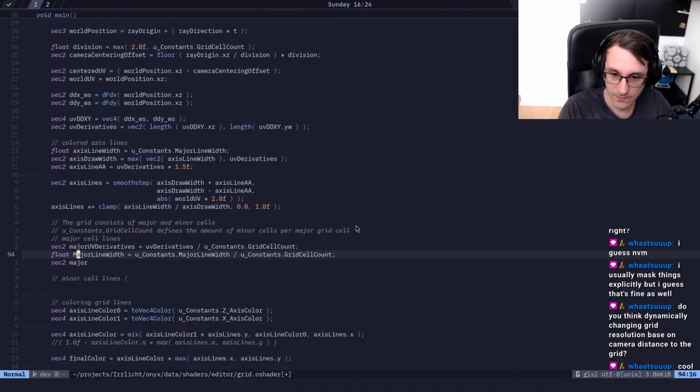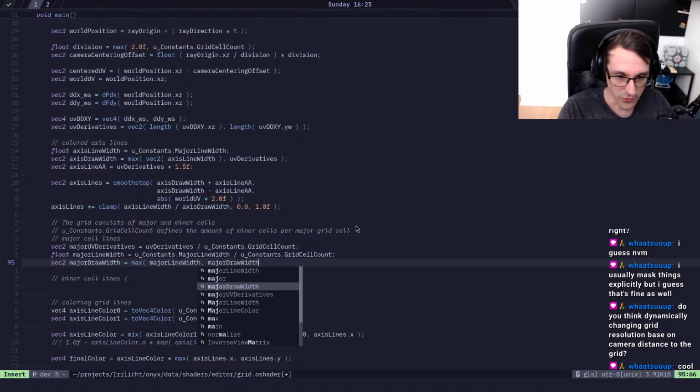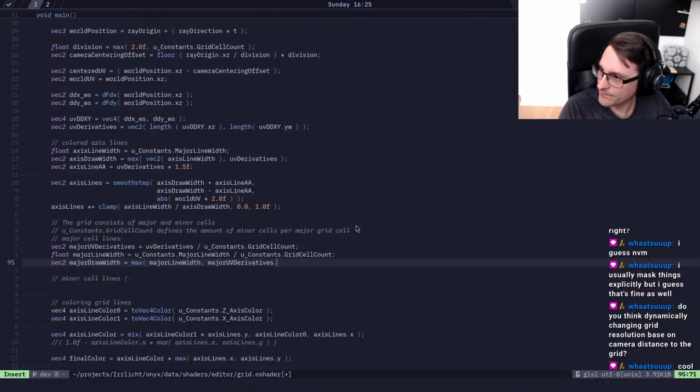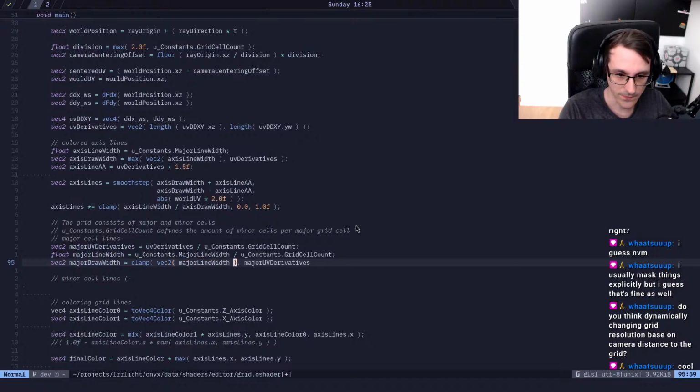Major raw width is again a max of our major line width and our major UV derivatives. Well, yeah, we clamp it here, I guess. Between this, which is a vec2, we need to convert that to a vec2. And then this.